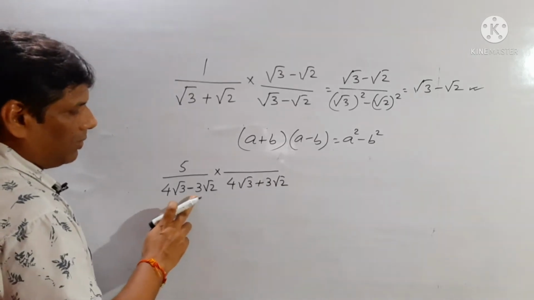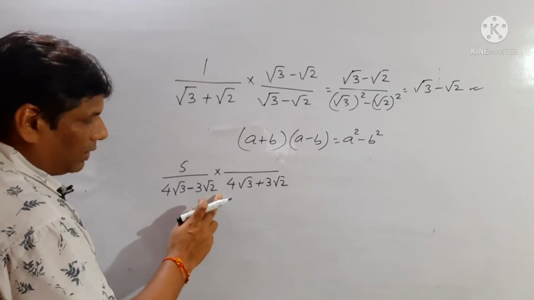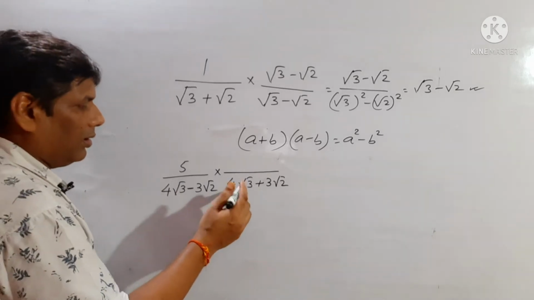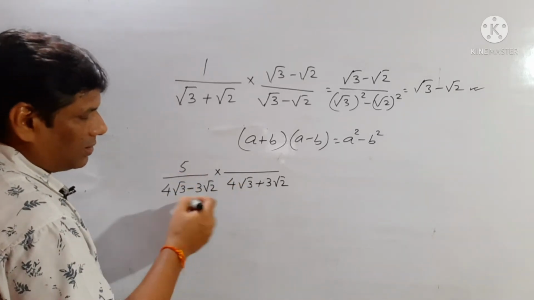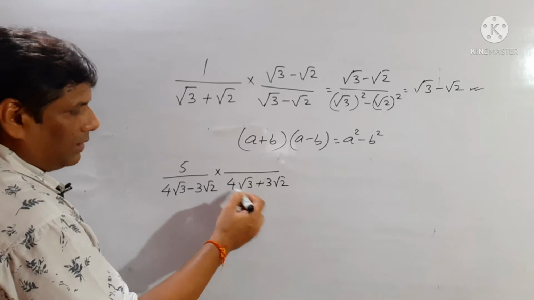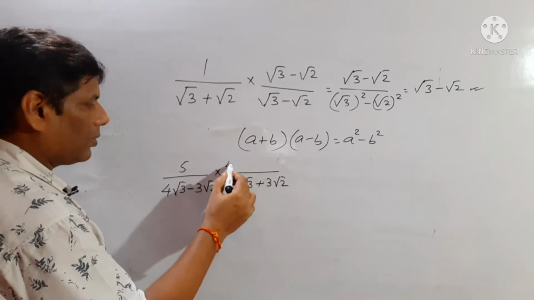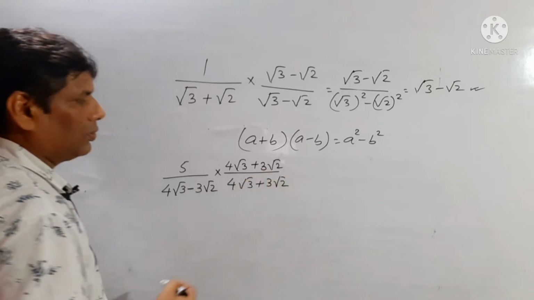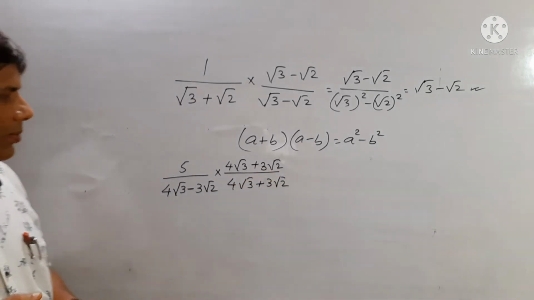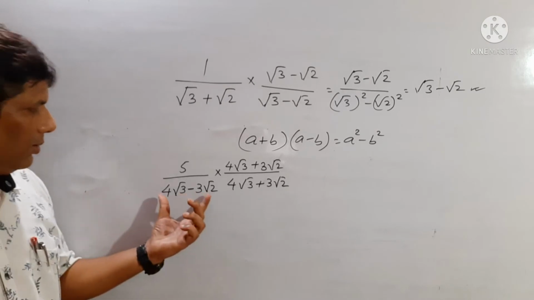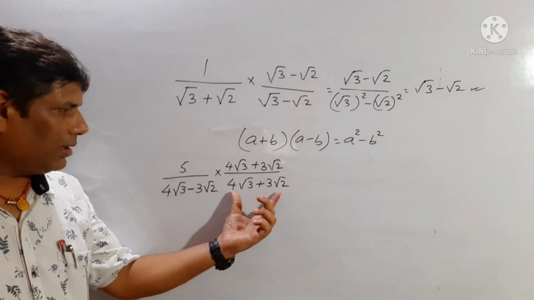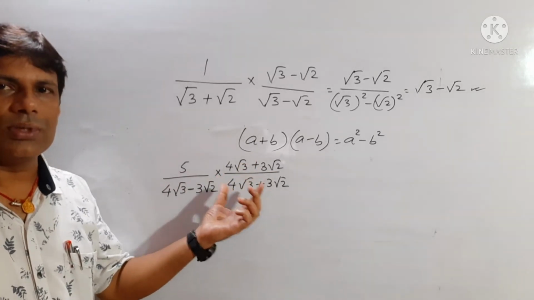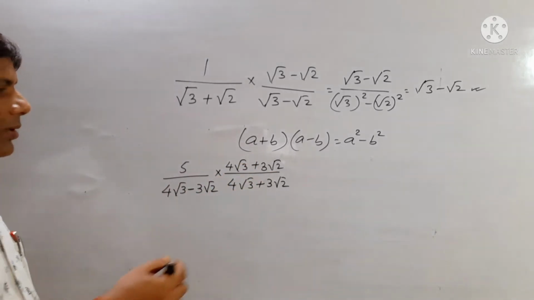So 4 root 3 minus 3 root 2 is multiplied by 4 root 3 plus 3 root 2, and we just change the sign. Since we have multiplied the denominator by this number, we have to put it in the numerator also, so that there shouldn't be any effect on the number. If we multiply the denominator by any number, then we have to multiply the numerator by it as well.